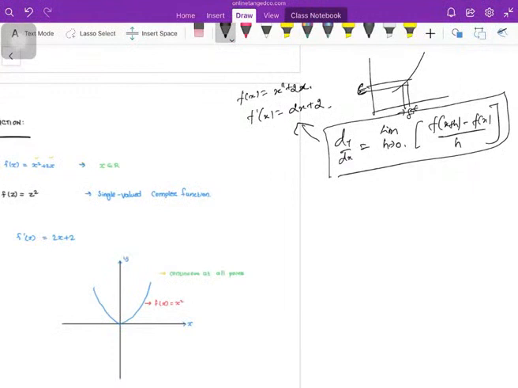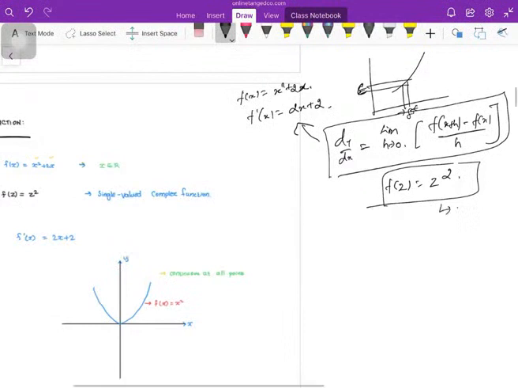Now I'm giving you a complex function. f(z) is a function of z; usually a complex variable is denoted by z. Say f(z) = z². This is in the complex domain, not the real-valued domain; the domain itself is a complex plane. How will you do the derivative?